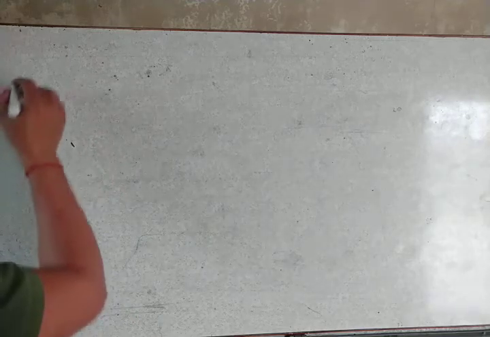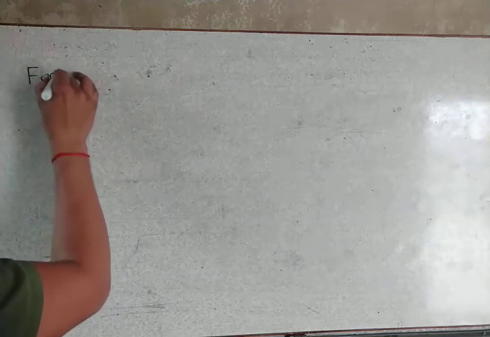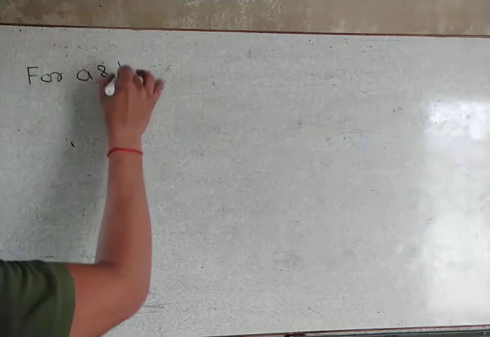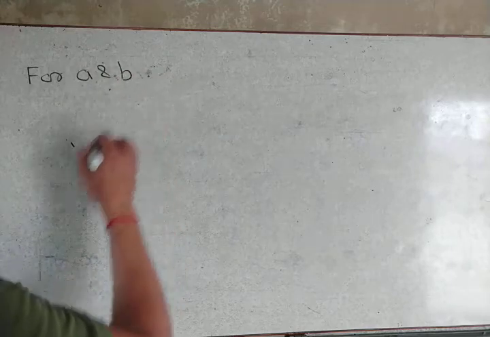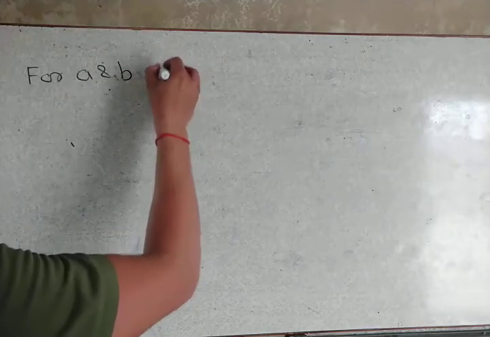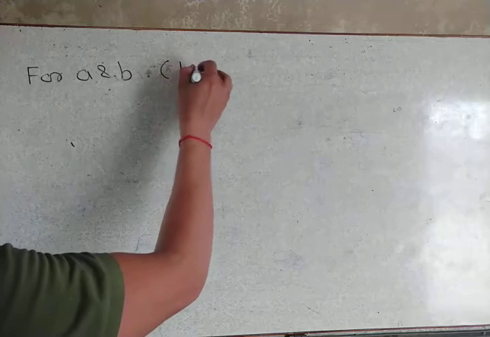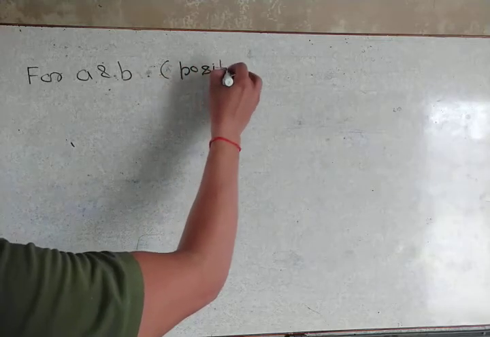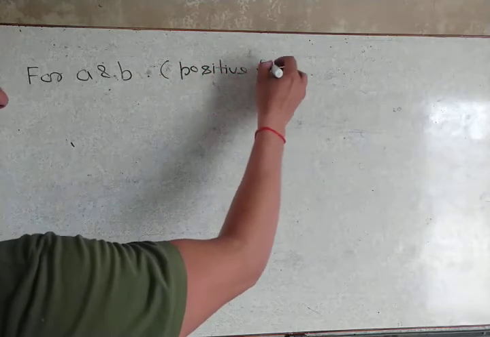So for two positive integers a and b, write some results. For a and b, and these are positive integers.